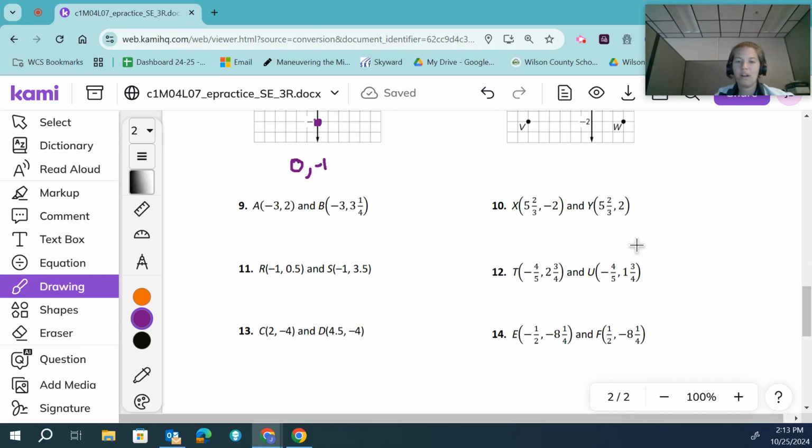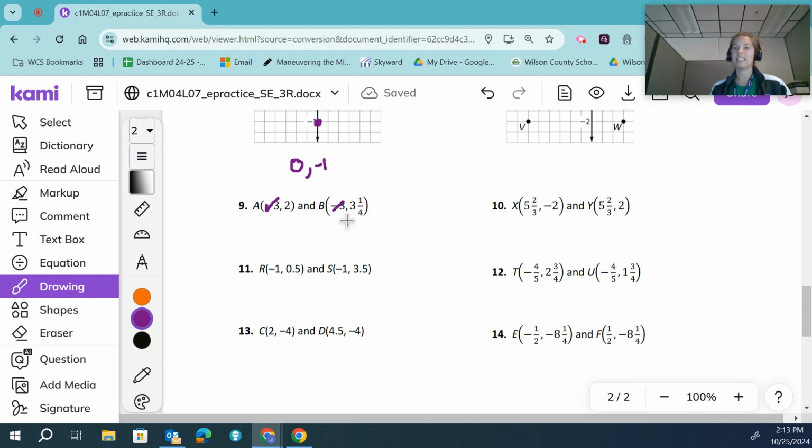All right, now what if they don't give you the coordinate plane? We're going to have to look here and see. A, we have negative 3, positive 2, and B, negative 3, positive 3 and 1/4. So we're not going to worry about our x values here. We're going to look at our y's. They're both positive. That indicates to you that we are on the same side of the axes.